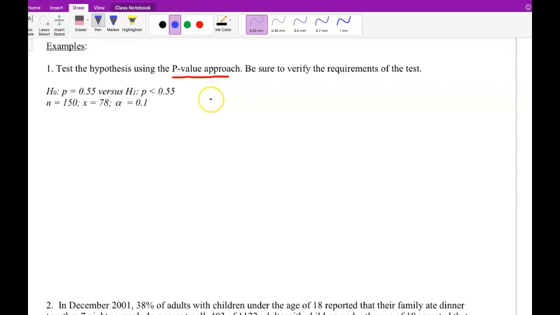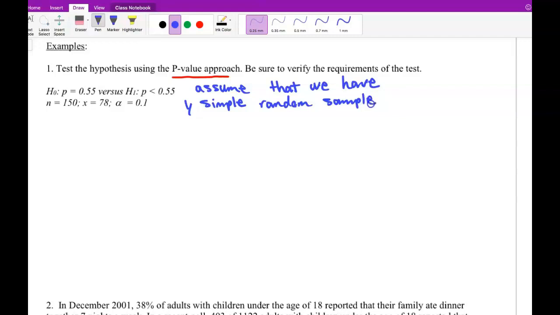So first, I should have a simple random sample. I assume that we have a random sample, and also these are independent.